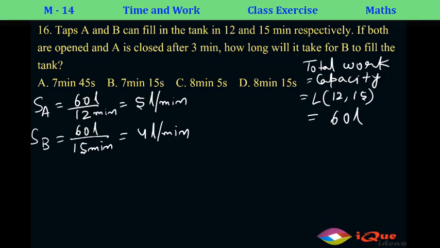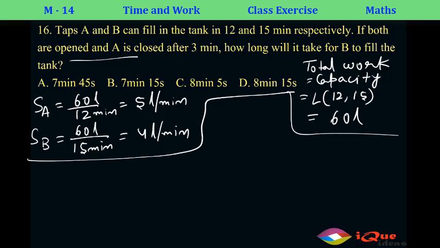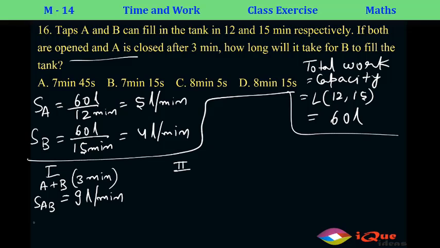Now, if both are open for the initial 3 minutes, the work is done in 2 parts. In the first part, both A and B are open, and their combined speed is 5 plus 4, that is 9 liters per minute, and they work together for 3 minutes. That means the total work done here will be 9 into 3, that is 27 liters.